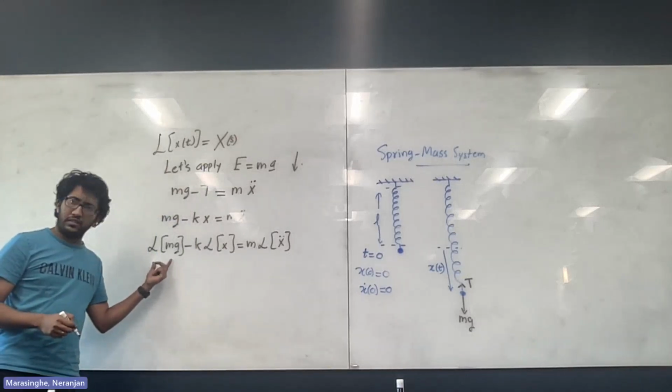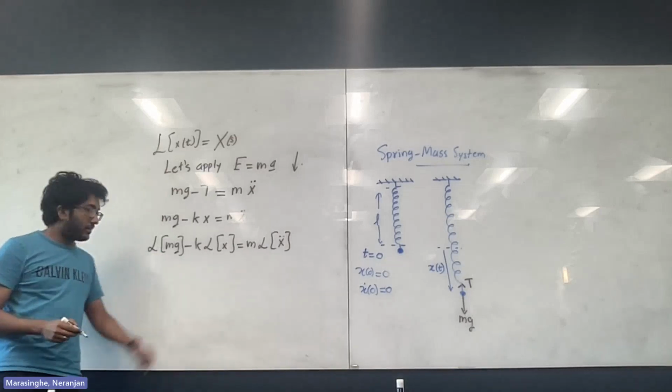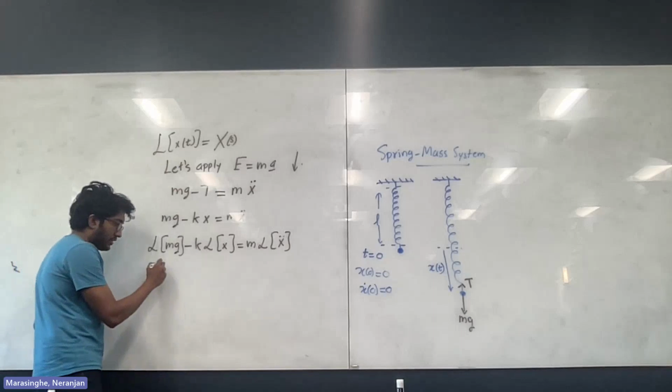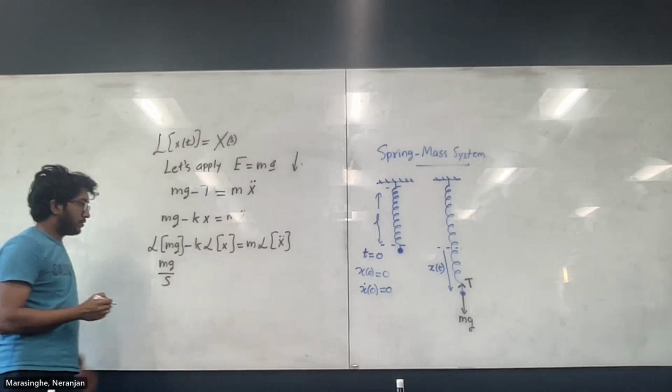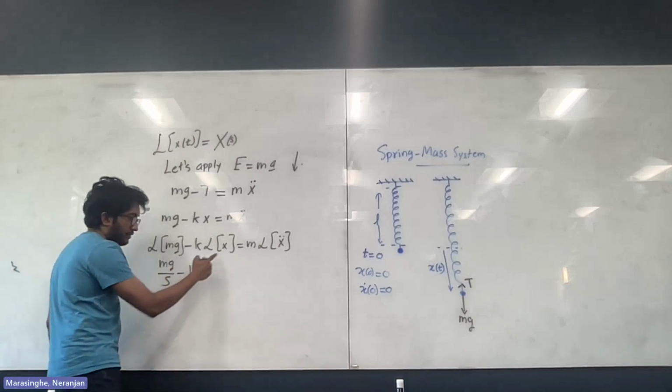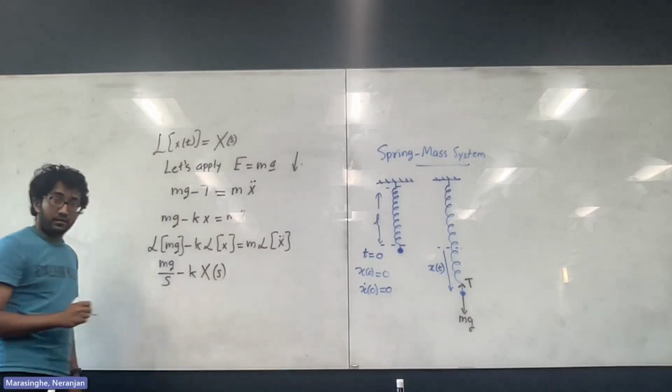What is Laplace of mg? If you take mg out, you get Laplace of 1. It is 1 over s, right? So I would get mg divided by s minus k times Laplace of x, that is X(s), right?